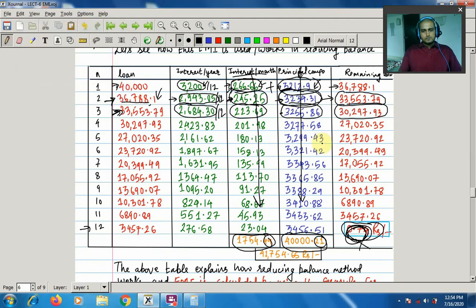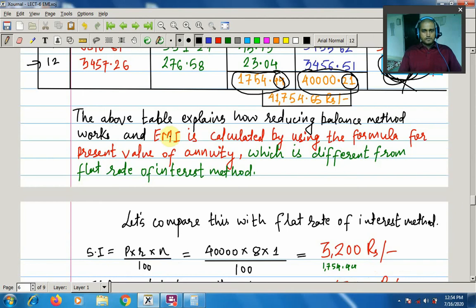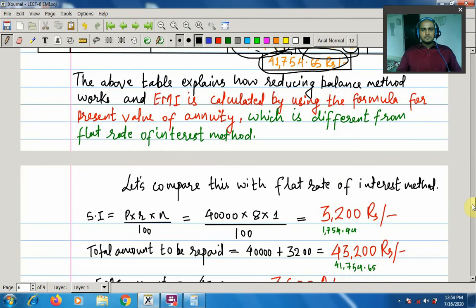So let's zoom into this screen and let's read further. So this much amount you are paying to the bank. This is the interest and this is the principal amount. So the above table explains how the reducing balance method works, and EMI is calculated by using the formula for present value of annuity, which is different from the flat rate of interest, and obviously it is less than the flat rate of interest.